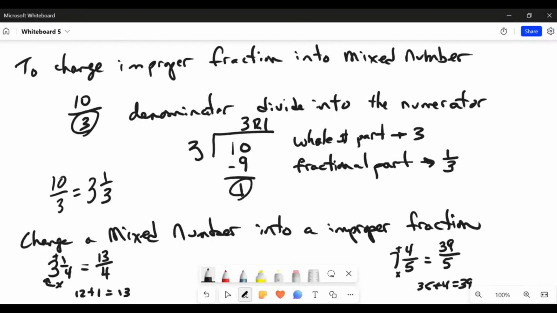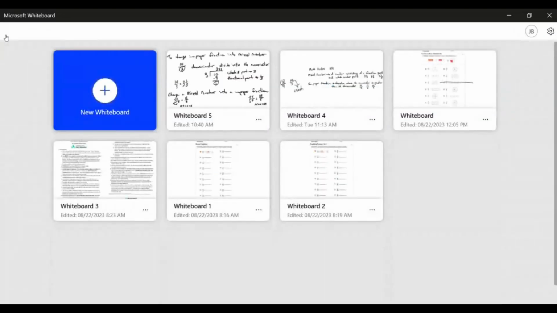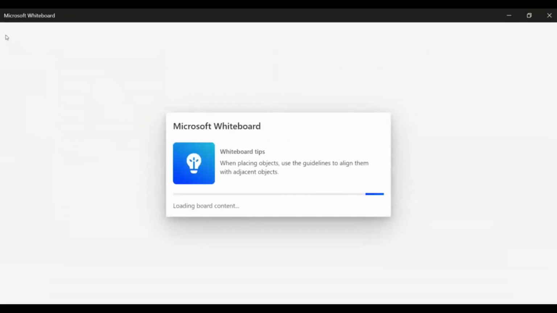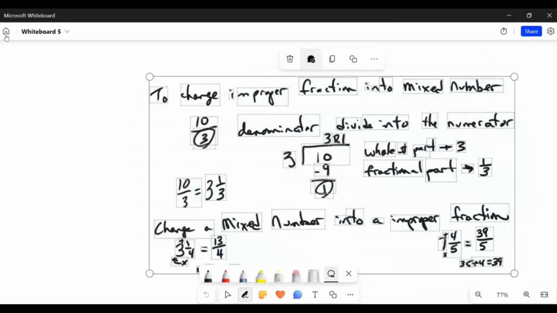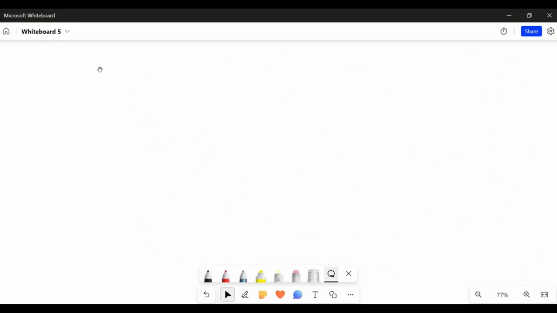So we are going to need that for our guided practice today. So I've just sent you a sheet. Okay, so we're going to start with number 1.